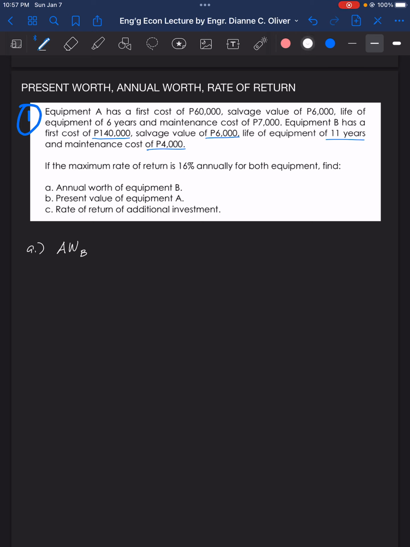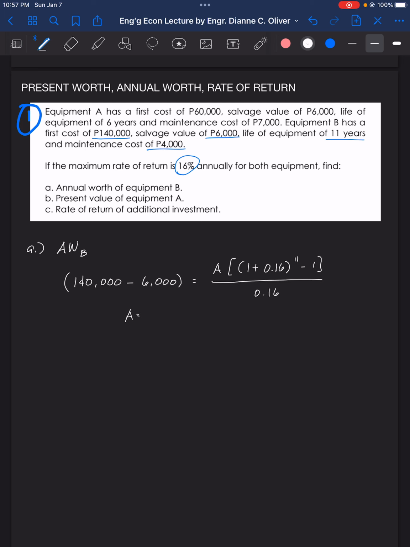For depreciation, we have the first cost minus the salvage value, equals annuity, 1 plus i, where i is 0.16, raised to the life of 11 years, all over 0.16.